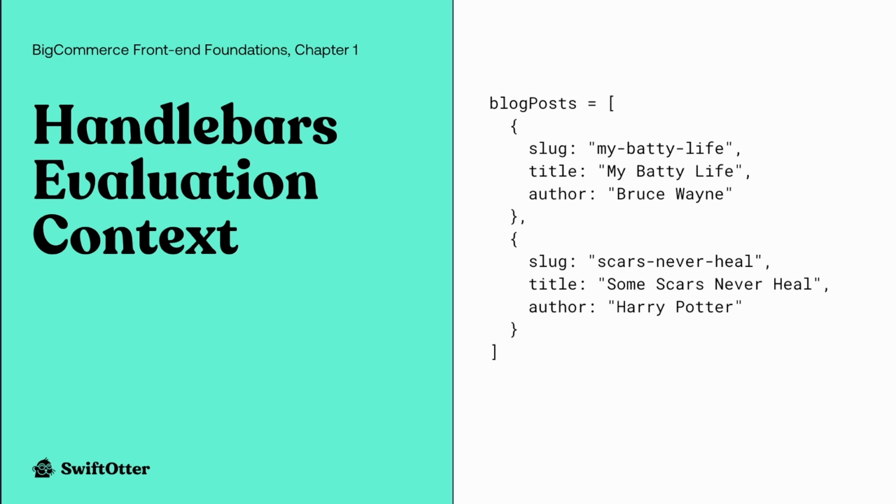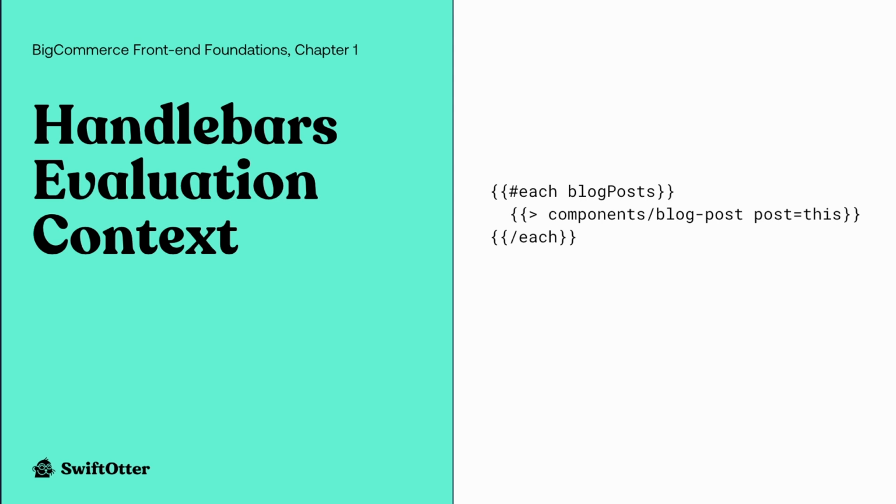So here's an example of some fun data that we might have in a variable, some blog articles by our favorite fictional characters in a value called blog posts. We could loop through this in a template just like this with the each helper, looping through blog posts, and you can see here I'm injecting another template and giving it a named parameter called post.